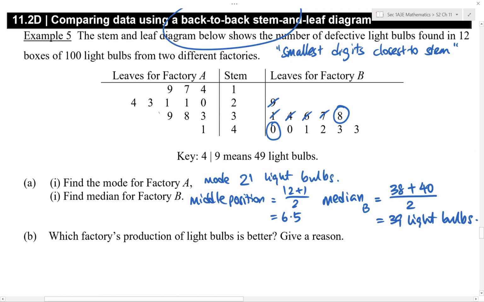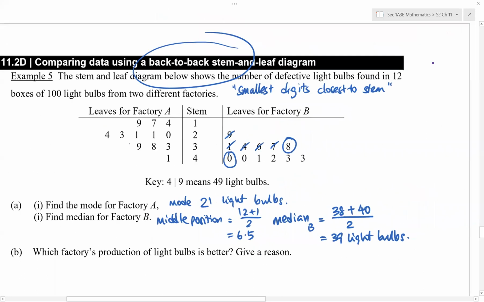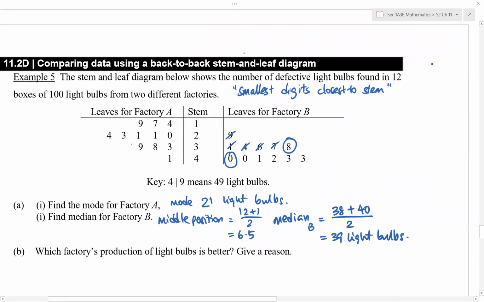Then think about it. Do you want to find the factory with a higher number, with a larger value of the light bulbs in this stem and leaf diagram, or do you want to find the factories with the smaller values? So we go back to the question again. We are actually looking at the number of defective light bulbs found in 12 boxes of 100 light bulbs from different factories. These numbers over here represent number of defective light bulbs.